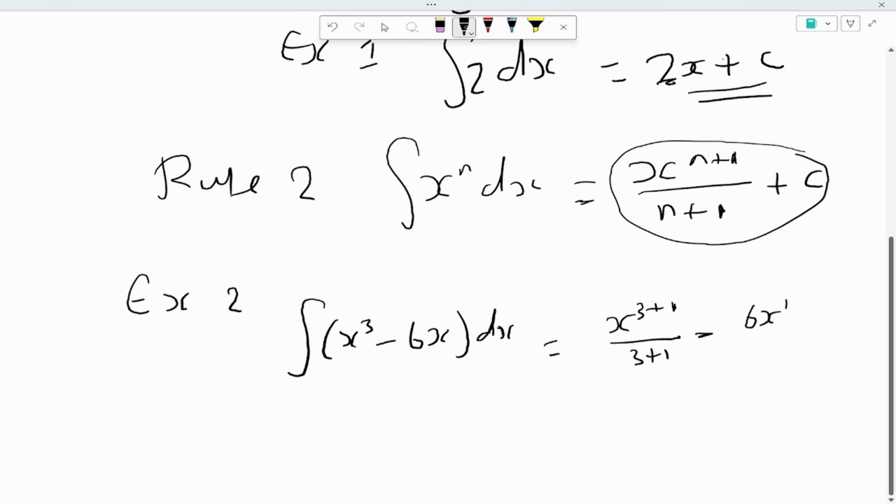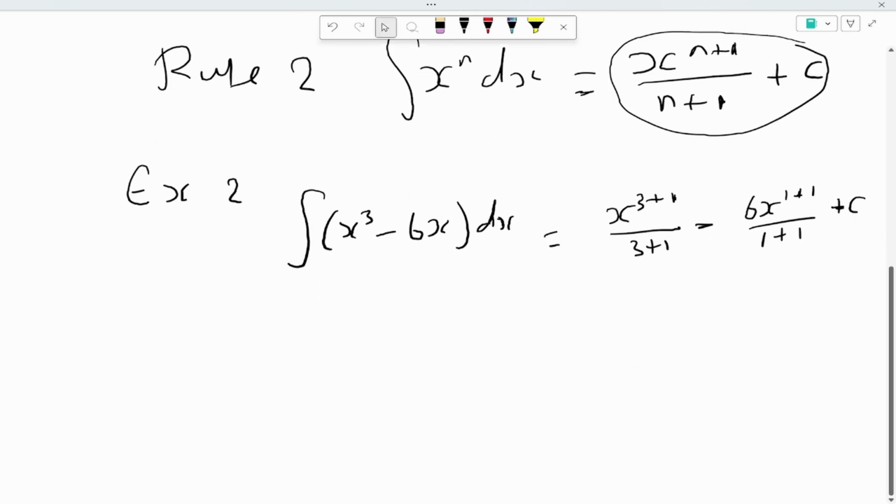This time around 1 plus 1, because the x carries the power of 1 in the first place. Then 1 plus 1 comes here, and you add your constant.